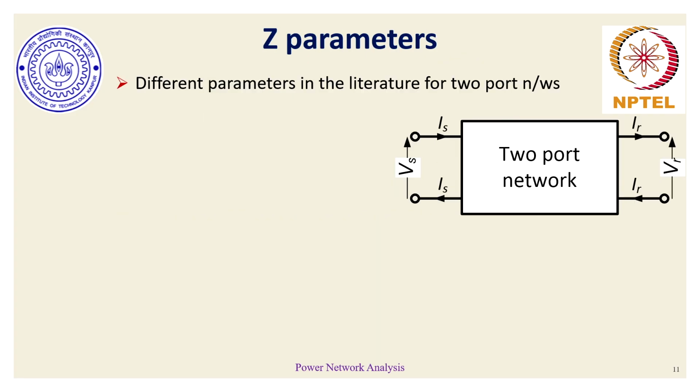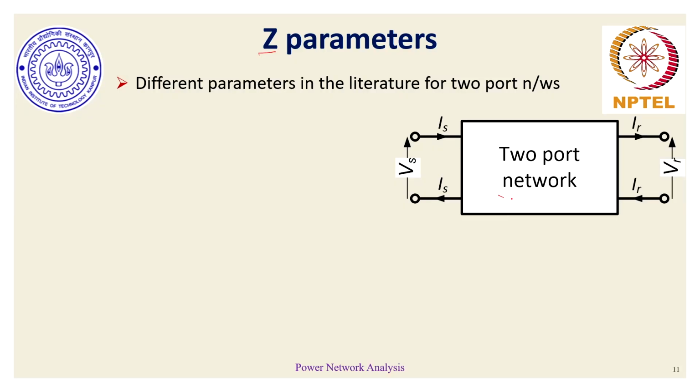The first common parameters that we would see are the Z parameters. If you recollect, the symbol Z is often associated with line impedance in the power network context. So Z parameters are impedance based parameters which define the property of this two-port network, with sending end and receiving end quantities marked the way they are, as we saw in the previous slide.